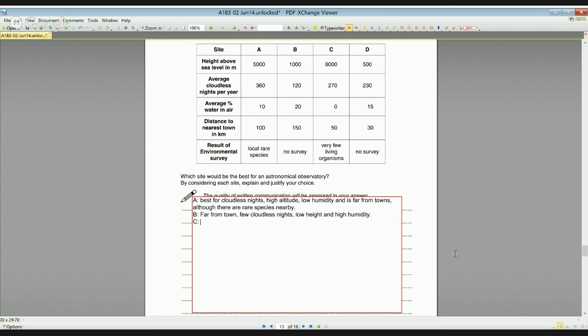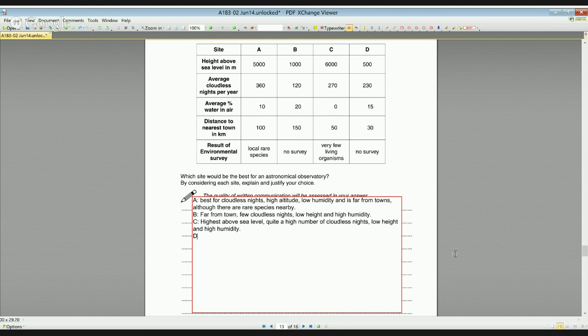Site C is the highest above sea level, 6,000 meters. It's got quite a high number of cloudless nights, not as good as A, but better than B or D. It's low height and high humidity.